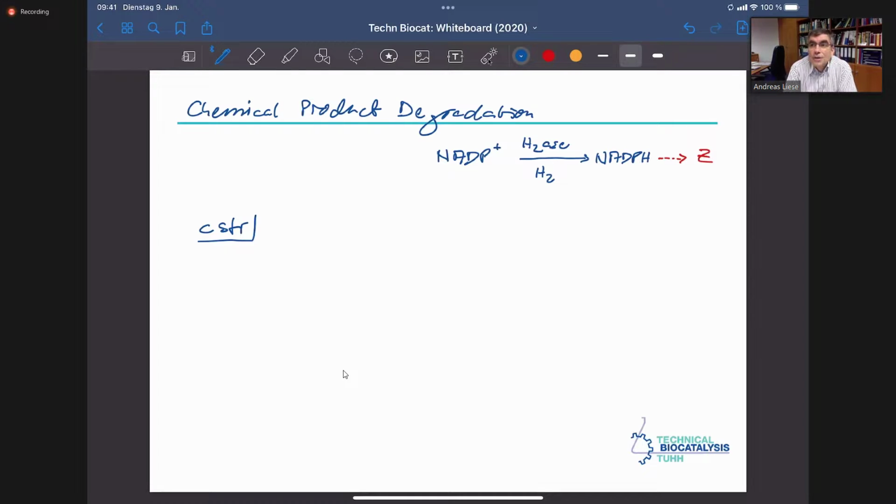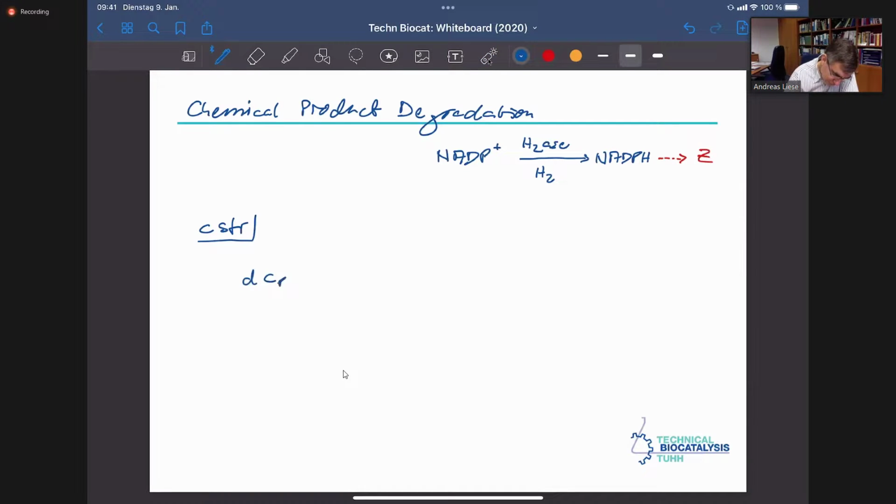So we always have the highest possible product concentration. But then, at the same time point, if the product concentration is at its highest, we also have the highest concentration for the follow-up reaction in terms of this degradation, what we do not want. Okay, so how do we describe this?